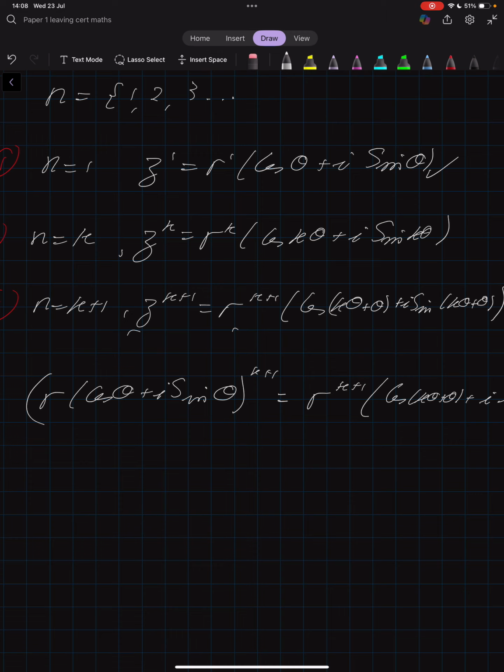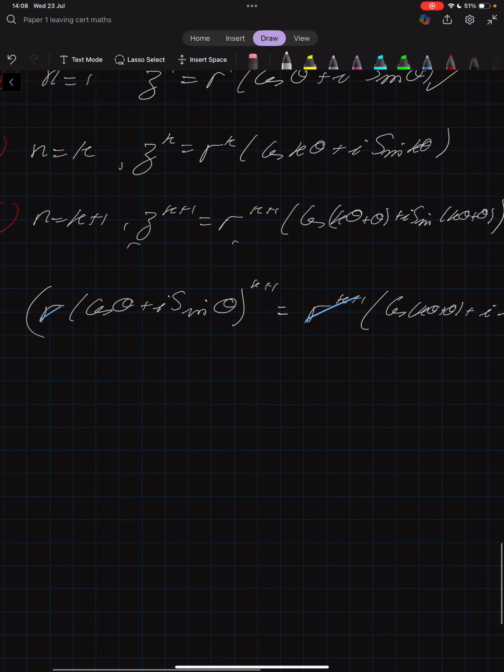Now, hopefully it's obvious that I can just get rid of the r's, because it's just going to be r to the k plus 1 on the left and the right. So what I really need to show is that (cos theta + i sin theta) to the power of k plus 1 is equal to cos (k+1)theta + i sin (k+1)theta.